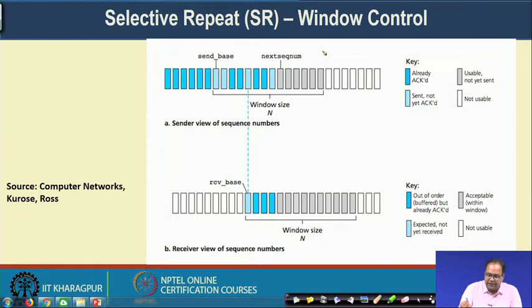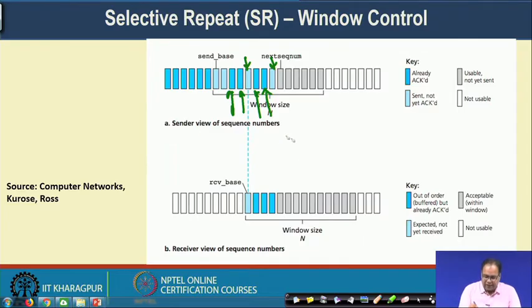So, in the sender window, it may happen that there are some intermediate frames which had been sent but not yet acknowledged, while the frames here got acknowledged. So, these intermediate acknowledgements are there.